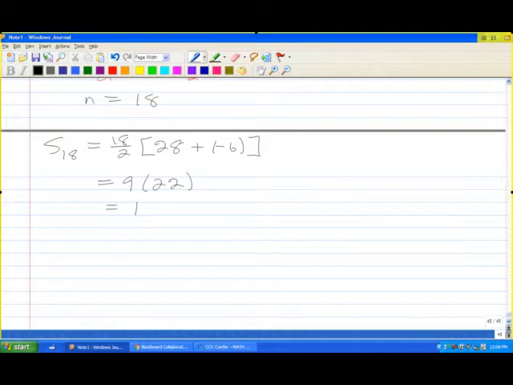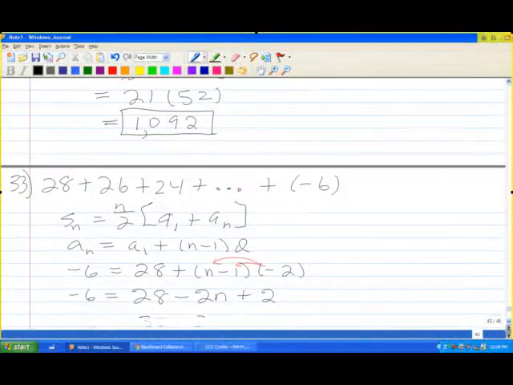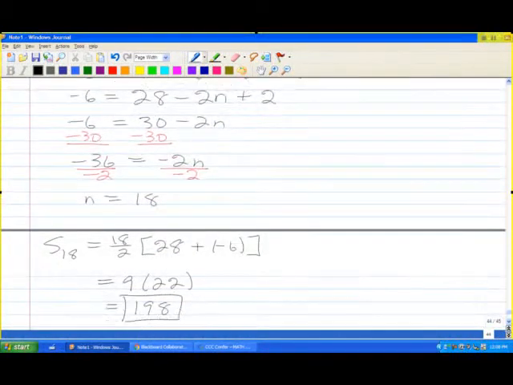Times 9 is 198. So the sum of the first 18 terms of the series was 198. Okay.